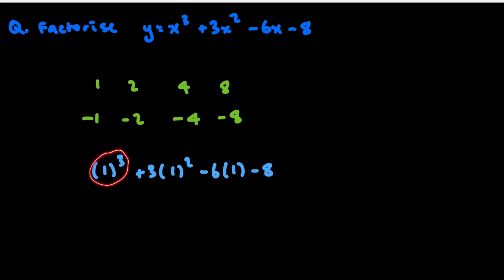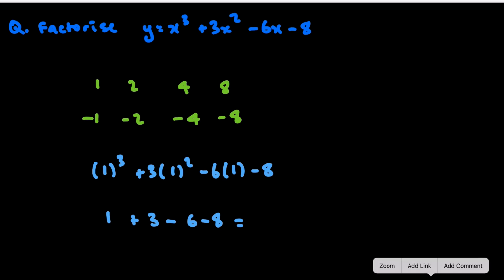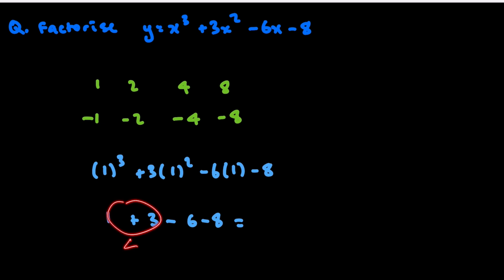Well, now we know 1 cubed is just 1, and 3 times 1 squared is 3, minus 6 minus 8. And we have to see if this equals 0 or not. So 1 plus 3 is 4, minus 6 is minus 2, and minus 2 minus 8 is minus 10. Because this is minus 10, this is not the number that we want. So I'm not going to use 1 in this case.